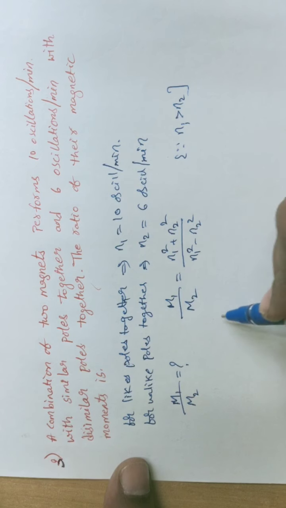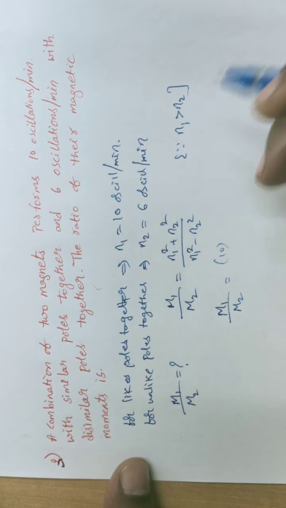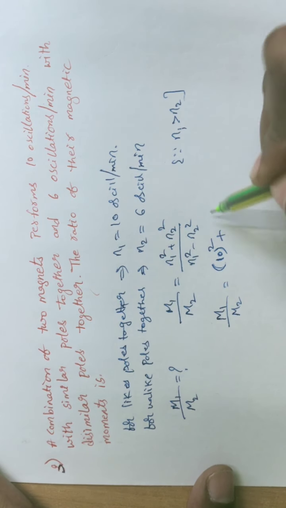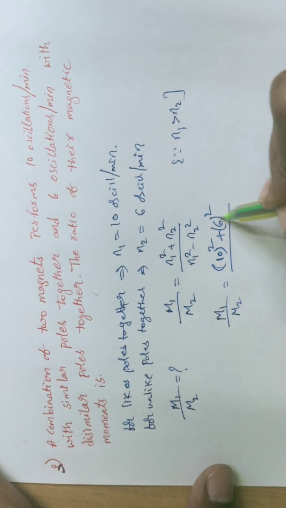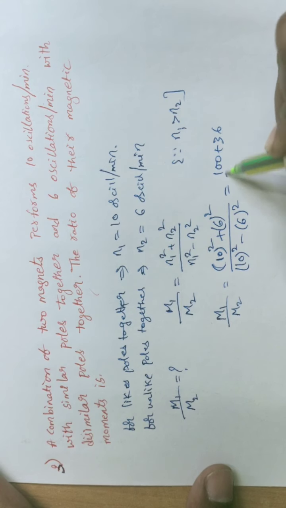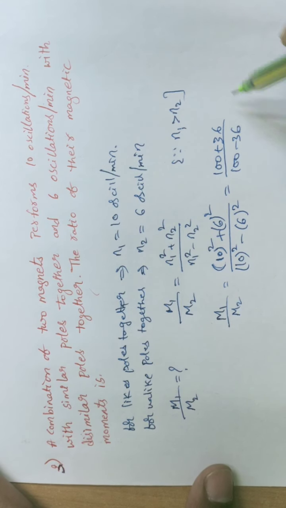By substituting, m1 by m2 is equal to 10 square plus 6 square divided by 10 square minus 6 square. This becomes 100 plus 36 divided by 100 minus 36. So this value is 136 divided by 64.